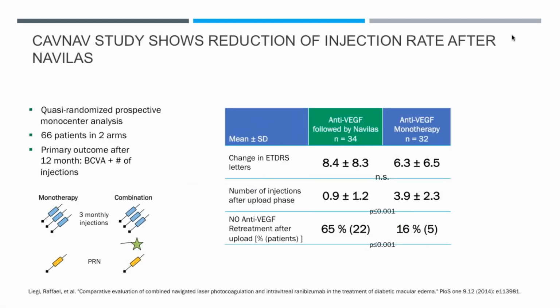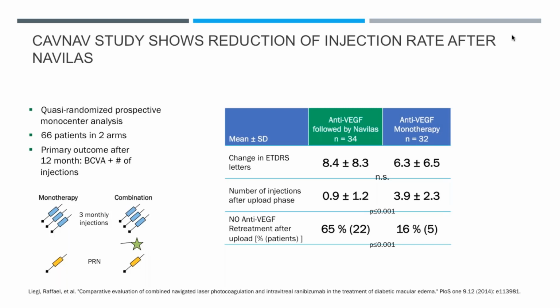In addition to that, investigators have looked into combination therapy of navigated photocoagulation and anti-angiogenic agents, and the protocol contained a loading dose of 3 injections, with dichotomization of treatments following that phase into monotherapy with injections and addition of navigated laser into the treatment.